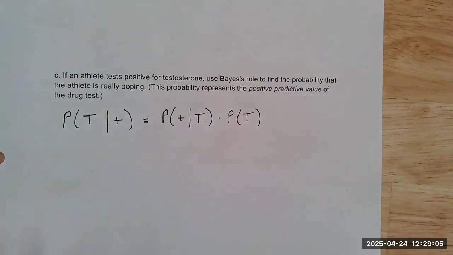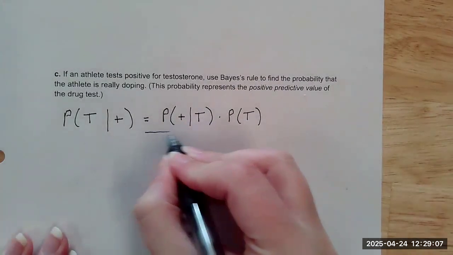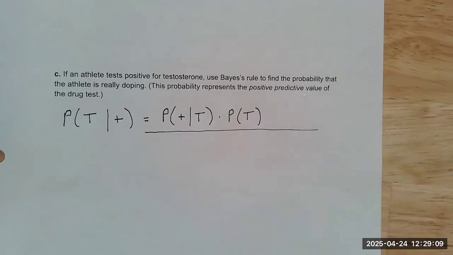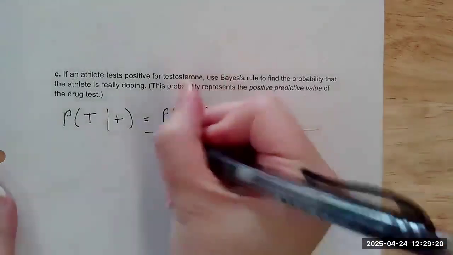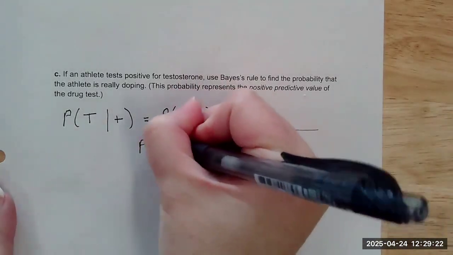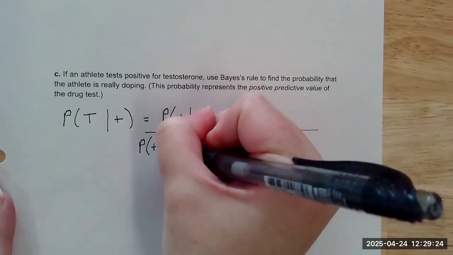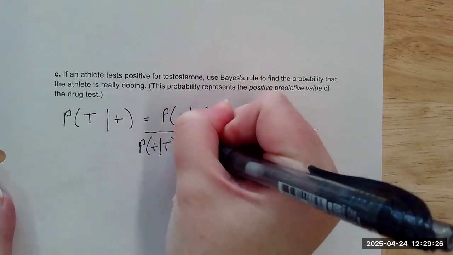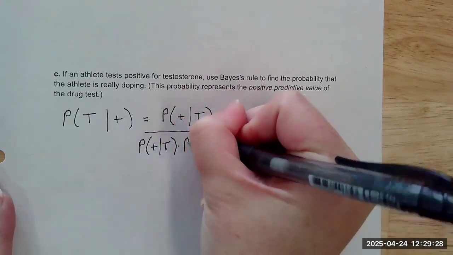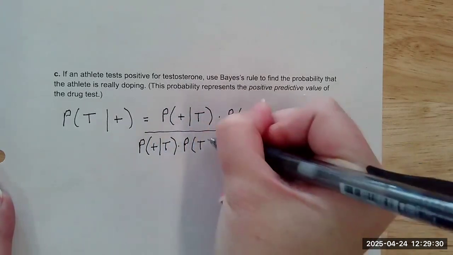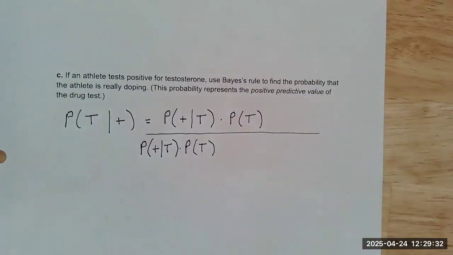Okay, now here's the weird thing. You're going to put a big old division bar like that. And in the bottom, you're immediately going to write what you just wrote right here. So exactly the same thing goes right here. So we're not even thinking yet. We're just copying what we just wrote. Okay, and then here's the part that gets a little bit tricky, but not too tricky, I promise.